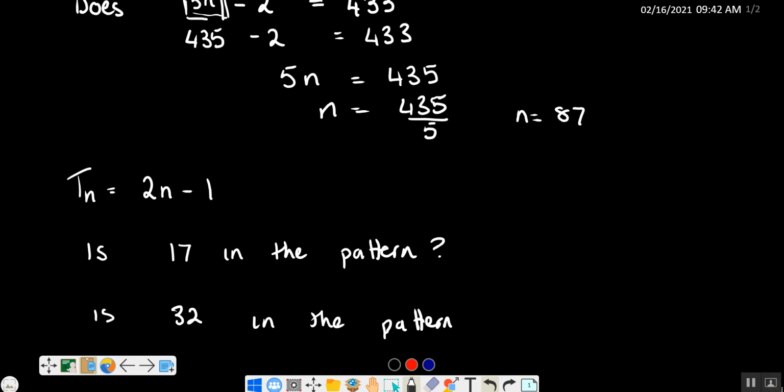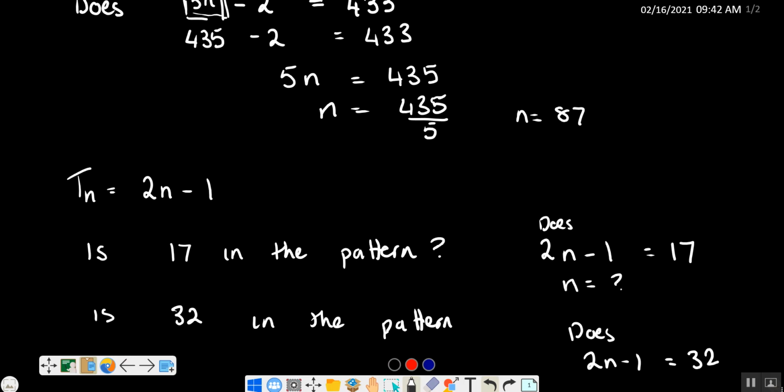So for this one we write: does 2n minus 1 equal 17? In this case, does 2n minus 1 equal 32? I'm going to ask you to find what n is.